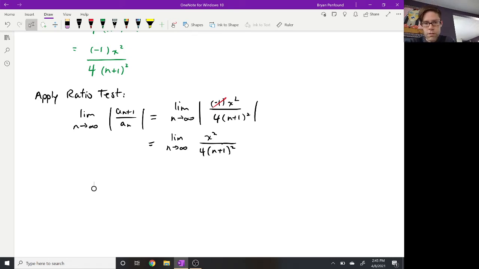All right, so now we want to figure out what's happening as n gets really, really big. And obviously, looking at our denominator here, as n gets really, really big, the denominator is going to get really, really big, and it really doesn't matter the value of x. This fraction is going to tend towards 0.